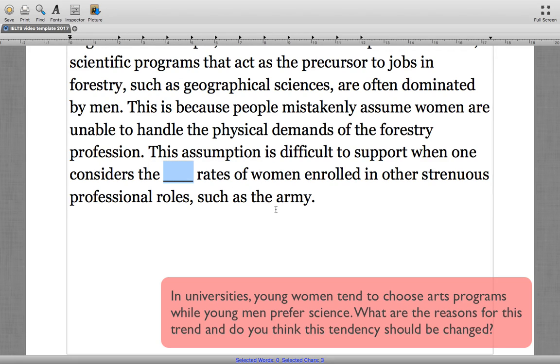So I'm thinking of a word like large, or this assumption is difficult to support when one considers the large rates of, let's say just the high rates of women enrolled in other strenuous professional roles, such as the Army.